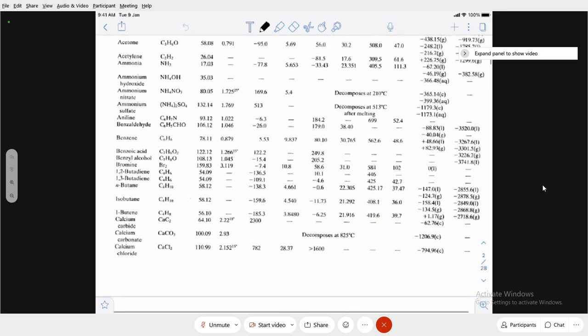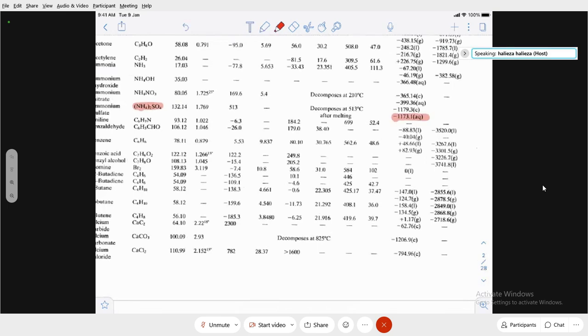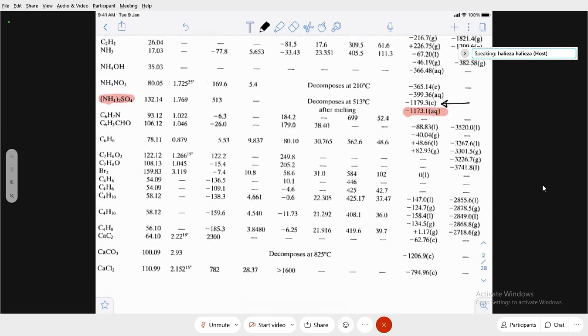Ammonium sulfate, guys, I just saw it. It's here. Okay, so let's see. Yeah, this is the value. You have that for the crystal, but we are looking at the solution. So it's minus 1173.1 kilojoules per mole of ammonium sulfate.